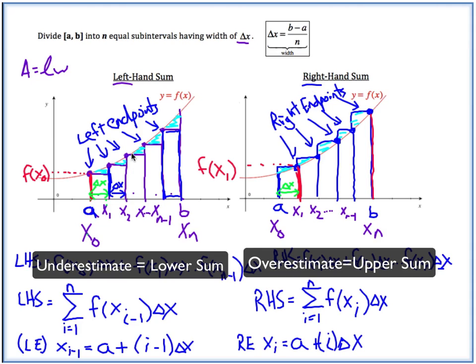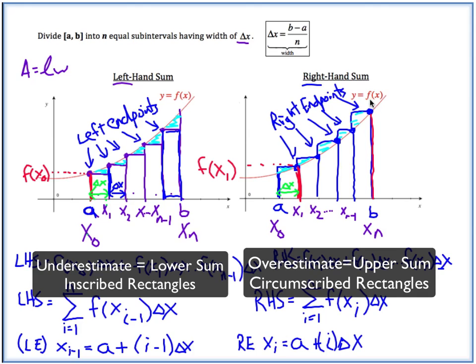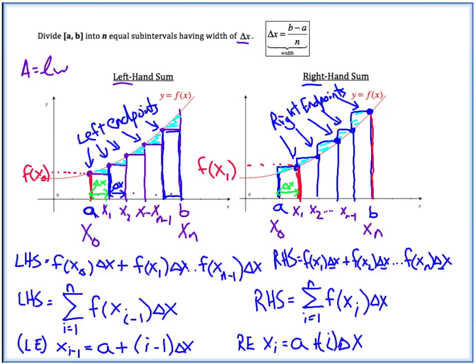What you have to do is look and see, are the rectangles inscribed, meaning inside, or are they circumscribed, meaning outside? And so you have to determine lower sum and upper sum based on how the rectangles look. Okay, so that's how to find left-hand sums and right-hand sums.